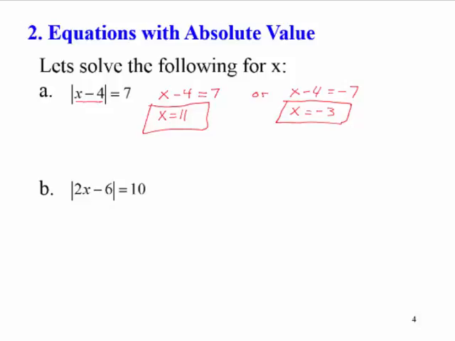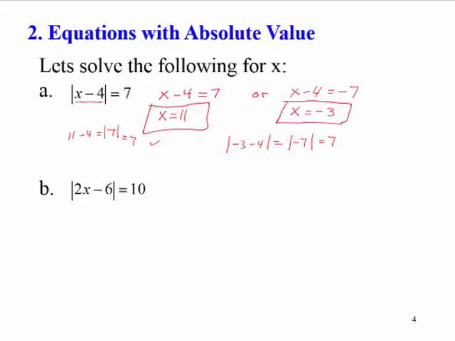Plug in 11. 11 minus 4 is 7, and the absolute value of 7 is 7. So that one worked. And let's try this one. The absolute value of minus 3 minus 4 is equal to the absolute value of minus 7, which is equal to 7. And so that works too.